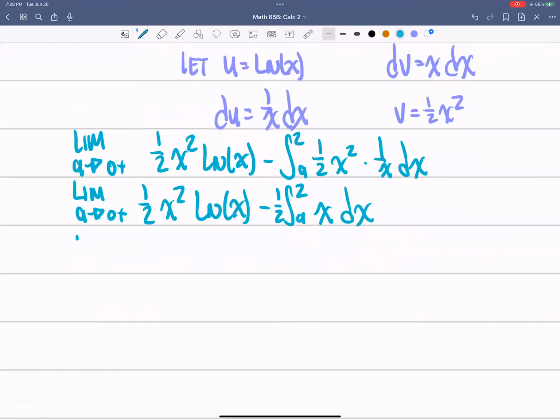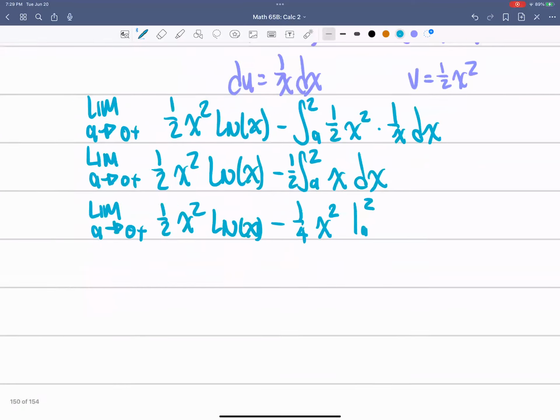And we can integrate that. So the limit as a approaches 0 from the right, 1 over 2 x squared times ln of x minus 1 over 2 times another 1 over 2. So that's going to be 1 over 4 x to the power 2, evaluated from a to 2.